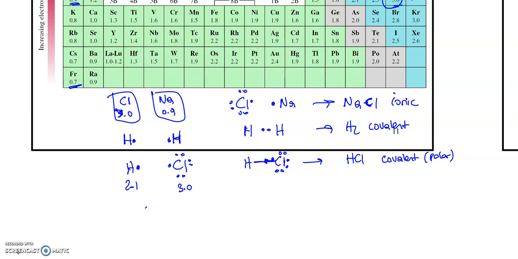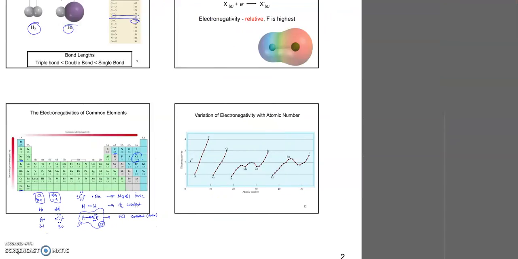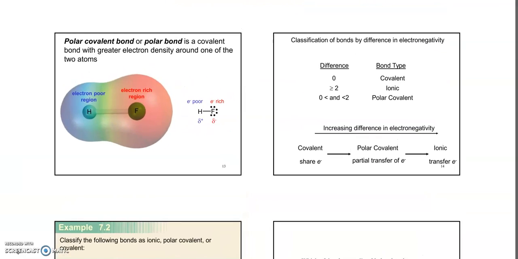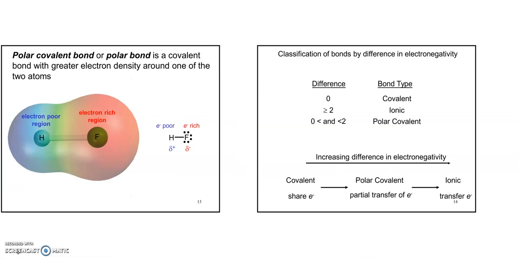When you look at this molecule, you have an electron cloud, a positive side of the molecule and a negative side of the molecule because electrons are towards the chlorine. So you have a polar molecule. A polar covalent bond is a covalent bond with greater electron density around one of the atoms.